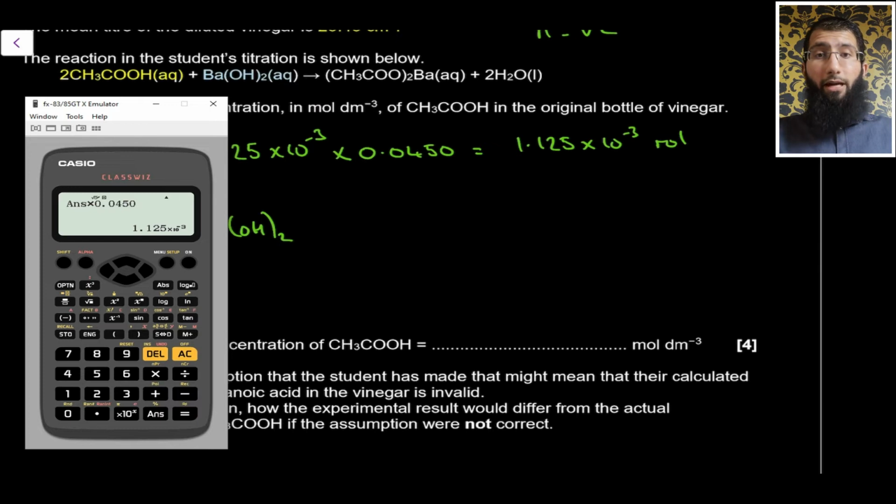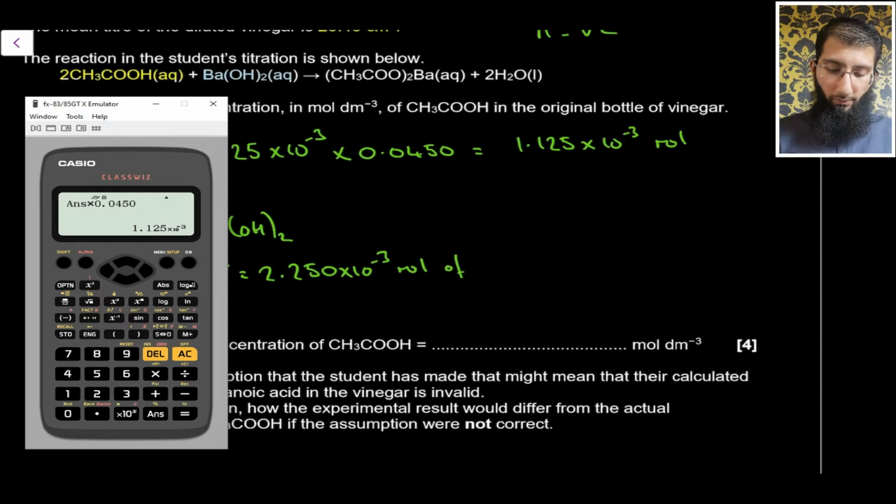So the moles of ethanoic acid will simply be 2 times 1.125 times 10⁻³, which is 2.250 times 10⁻³ mol of CH3COOH.